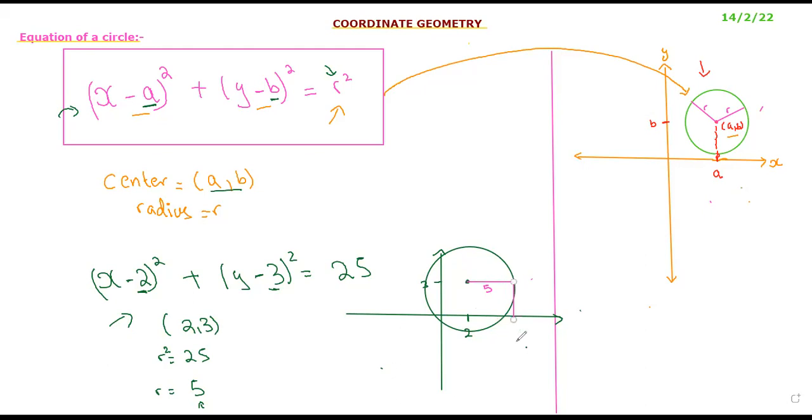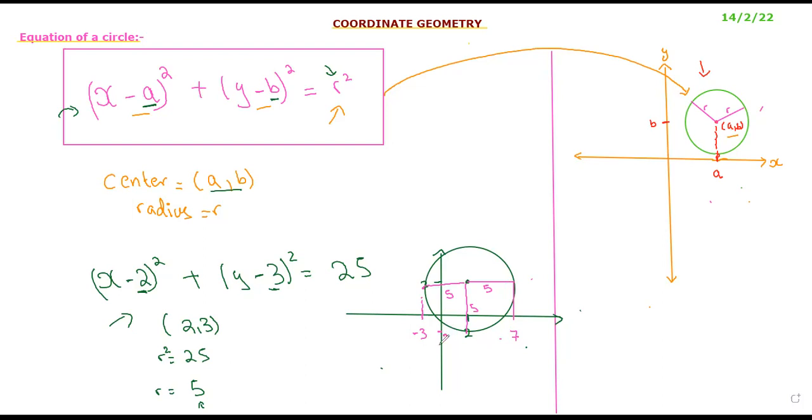That would be 7. Similarly, this point would be minus 3, right? Because this length again would be 5, and so on. This would be 5 as well because that is also the radius. So it means that this would be 2, right?